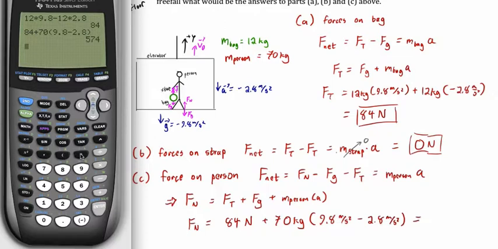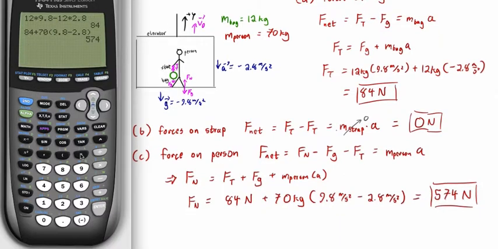And I get 574 newtons as the value of the normal force, which is less than we'd get if the elevator wasn't slowing down. Okay? But of course, it's only less because the elevator is slowing down as it was moving upwards. If it was slowing down when it was previously moving downwards, then everything would be heavier. The tension would be greater, the normal force would be greater, because you'd be pushed into the floor by your inertia.